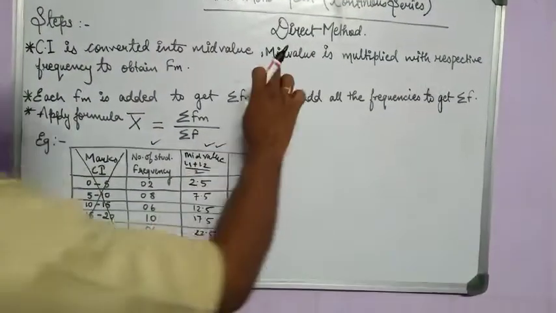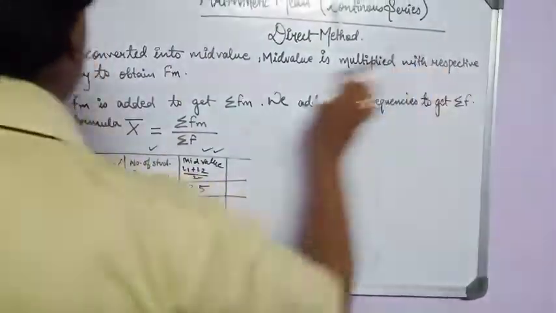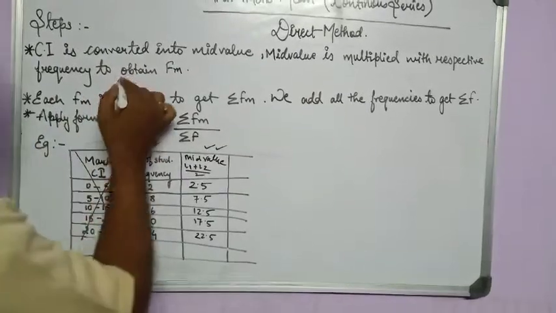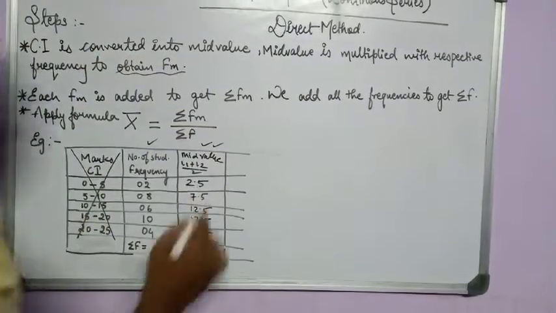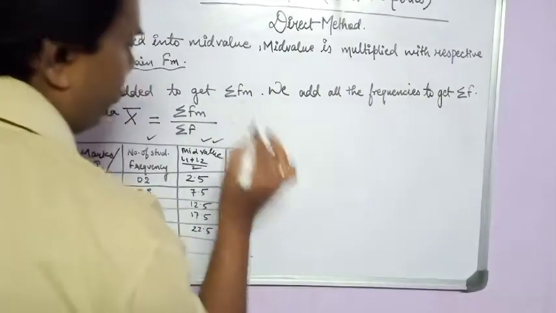So the second step is that the mid value is multiplied by the respective frequency to obtain fm. So now we have to obtain fm. Write down fm.